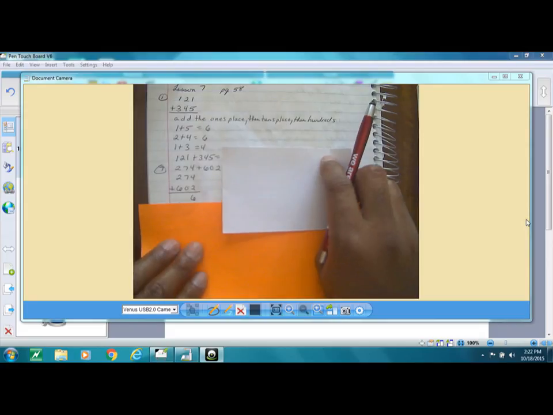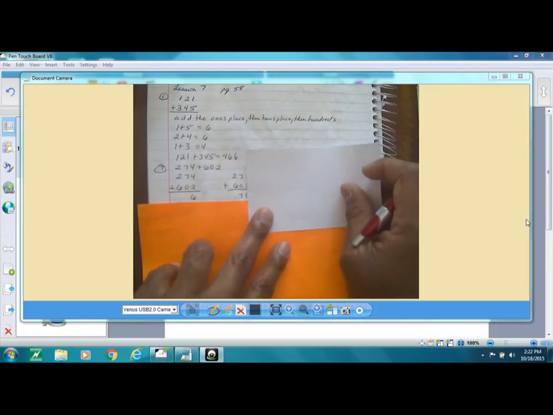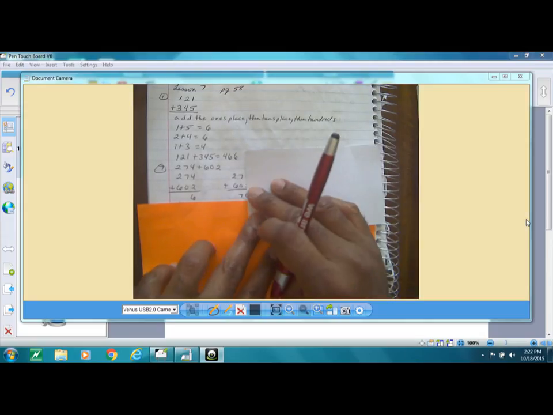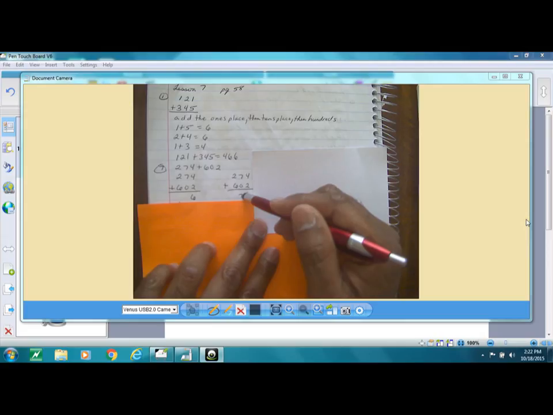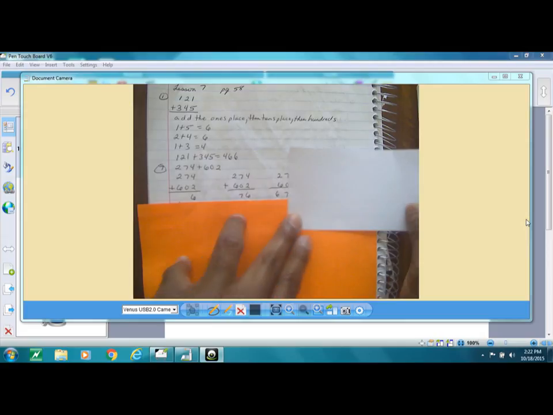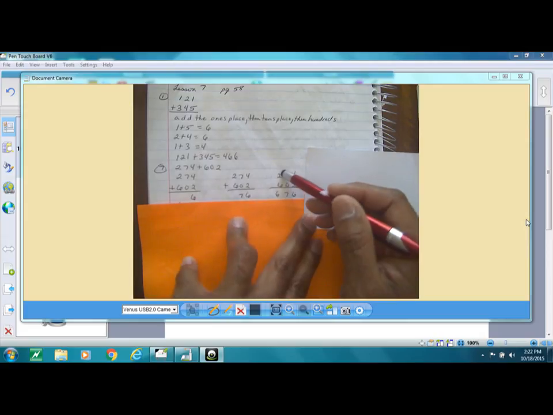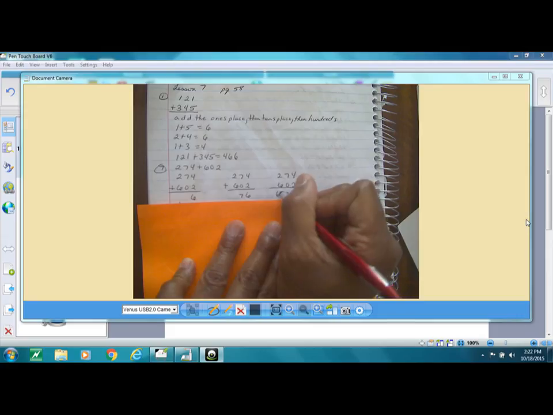You add the ones place, 4 plus 2 equals 6. Now you add the tens place, 7 plus 0 equals 7. And then you add the hundreds place, 2 plus 6 equals, look, I made a mistake, 2 plus 6 equals 8.